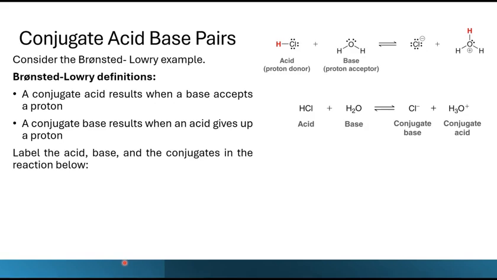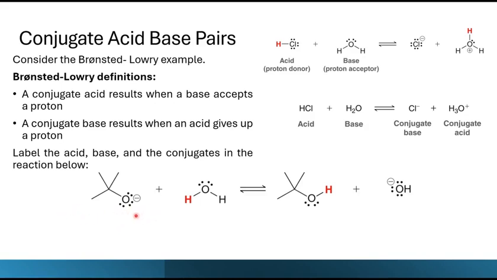Label the acid, base, and the conjugates in the reaction below. Let's begin with labeling the acid and the base. You can tell that this proton here is going to be taken by the oxygen here because it has a formal -1 charge. So if this is going to lose a proton, the water is the acid because it's a proton donor. This alcohol that has been deprotonated is called an alkoxide.